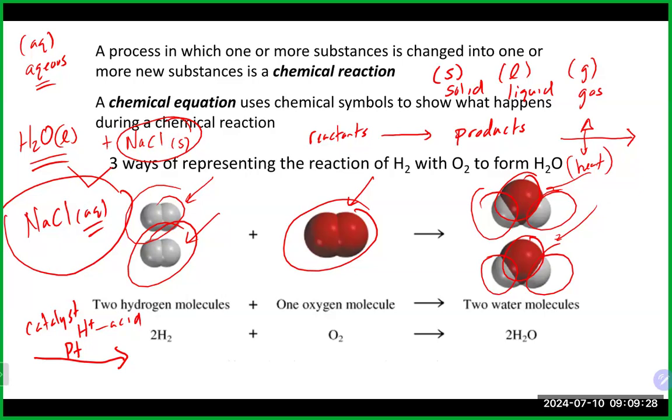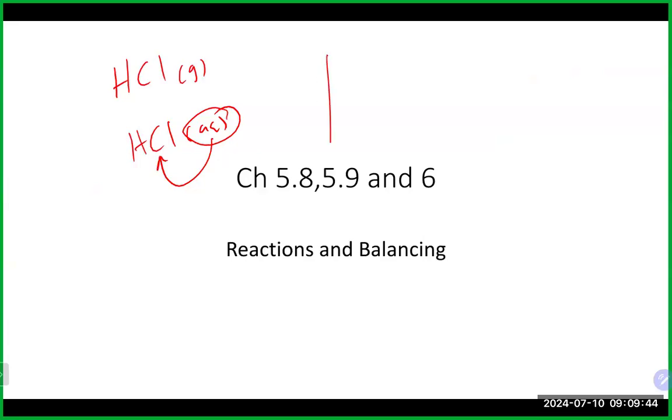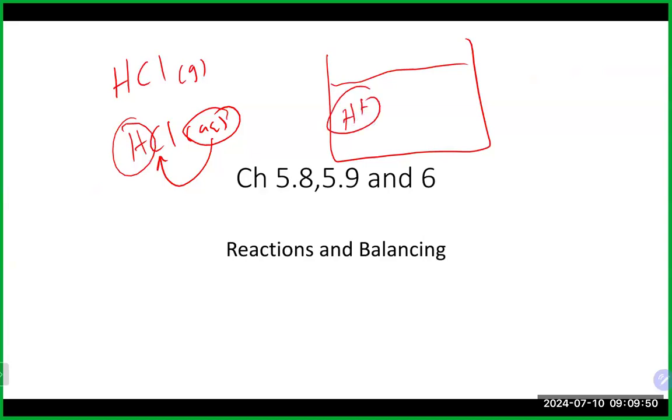For example, if you had HCl, it could be a gas, or you could have HCl with the aqueous here, which is an acid, hydrochloric acid. Aqueous is oftentimes used for acids because the definition of an acid is the ability to release its H plus in a solution environment.